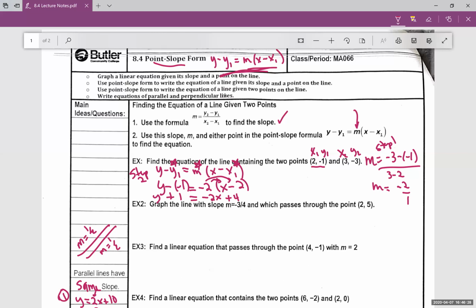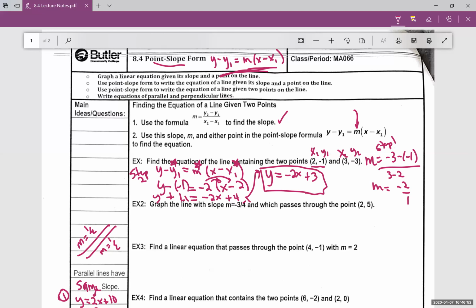Now I'm going to get y on a side by itself. So I'm subtracting 1 from both sides, and I have y is equal to negative 2x plus 3. And that is actually the answer. That is the equation of the line that contains these 2 points.